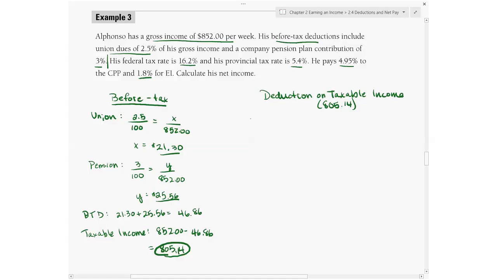So federal tax is 16.2%. So 16.2 over 100. And we're trying to find out, let's just go with X again. X out of, and now it's 805.14. So this has changed. Again, he's not being taxed on the whole 852. He's only being taxed on this. So X equals 805.14 times 16.2, all divided by 100.